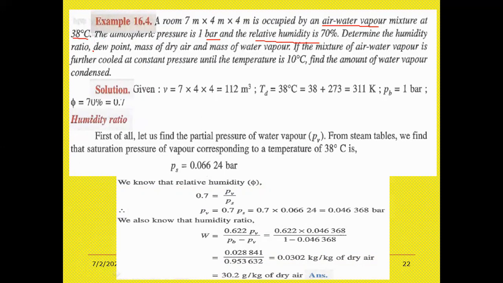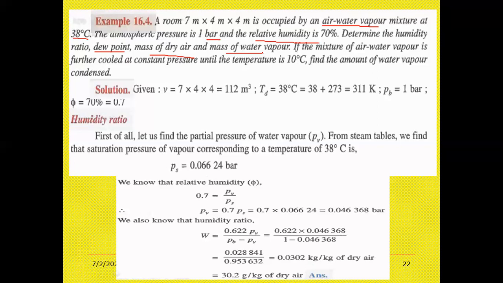Determine the humidity ratio, the dew point, the mass of the dry air, and the mass of the water vapor. If the mixture of air and water vapor is further cooled at constant pressure until the temperature is 10 degrees centigrade, find out the amount of water vapor condensed.